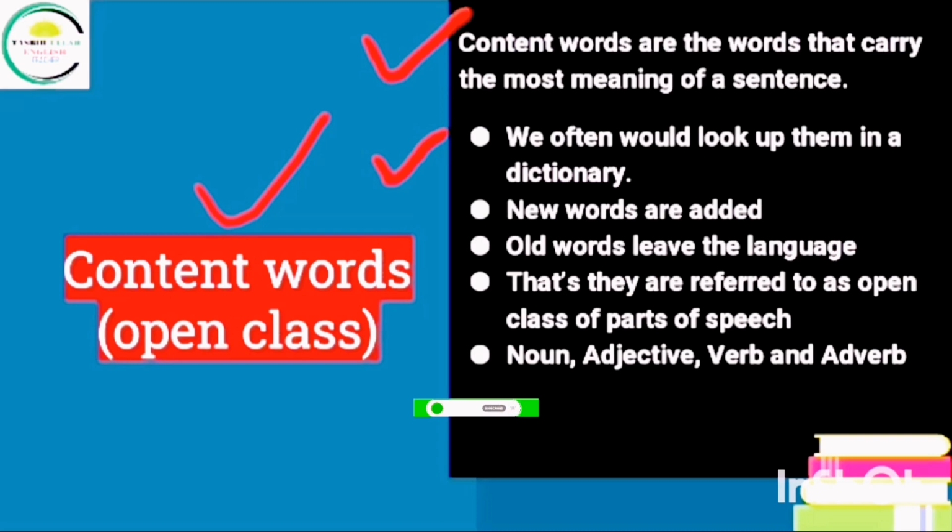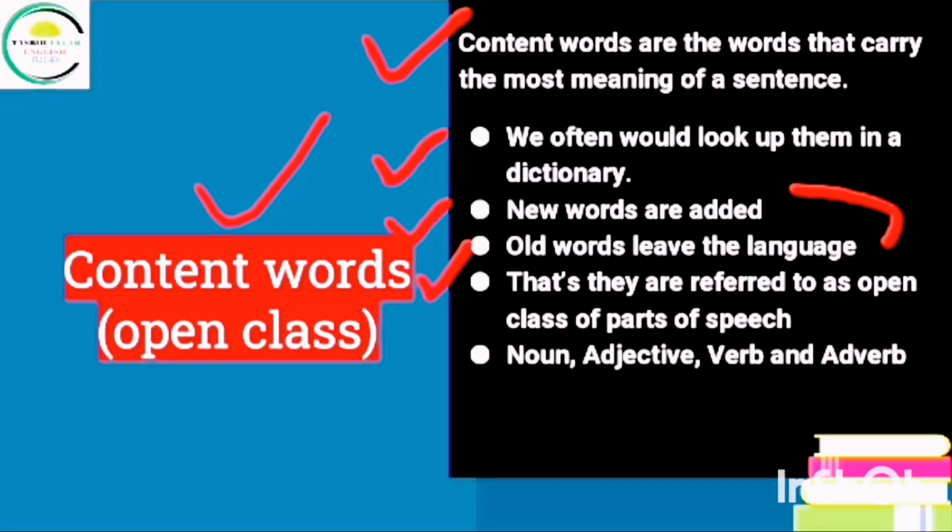Okay, and the second point about the content word is new words are added to the language and old words leave the language. Okay, so on the basis of these 2 points, new words are added to the language and old words are deleted from the language as the language changes.